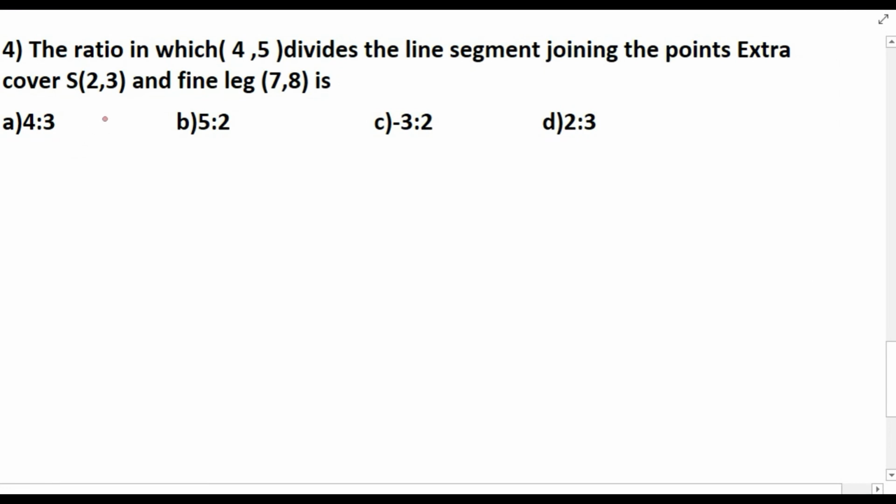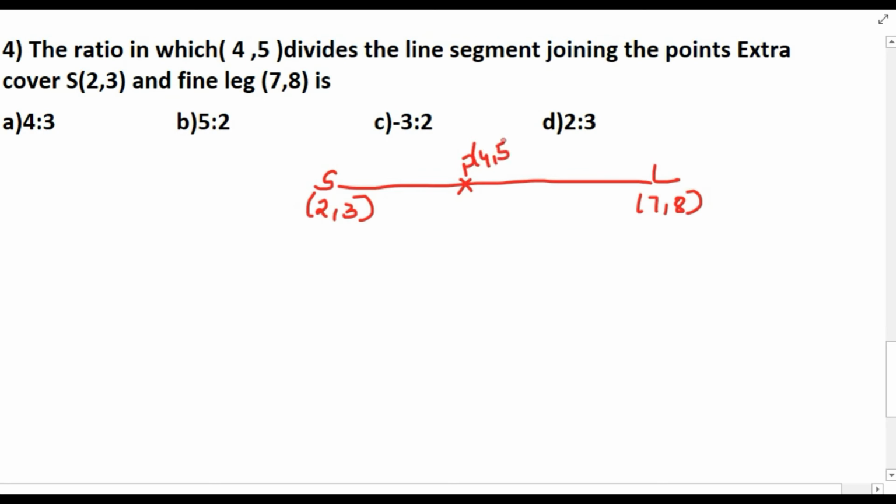Next question. The ratio in which 4, 5 divides the line segment joining the points extra car and fine leg. Here also they have given the coordinates, so we need not look at the graph. The points are 2, 3 and 7, 8. These are the two points. We need to find the ratio in which the point 4, 5 divides this line segment.